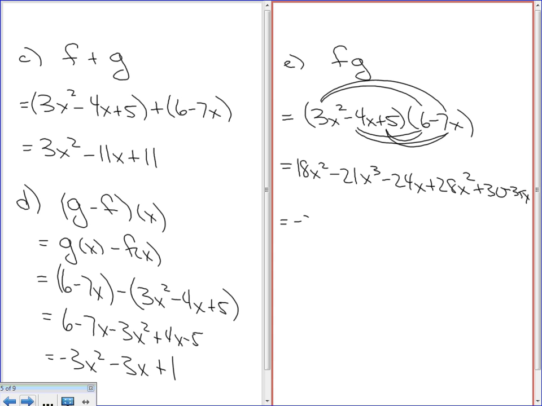So I have negative 21x cubed, the x squareds would be 46, correct me if I'm wrong. And then the x's would be negative 59, and then the constant.